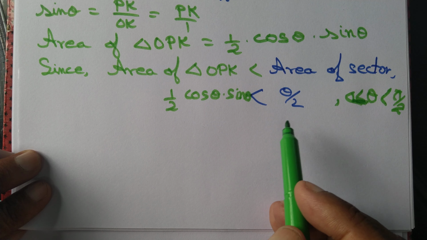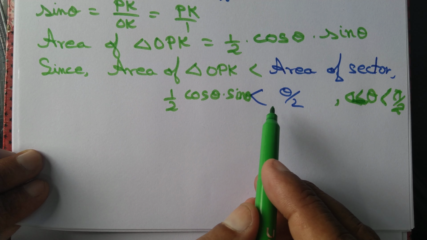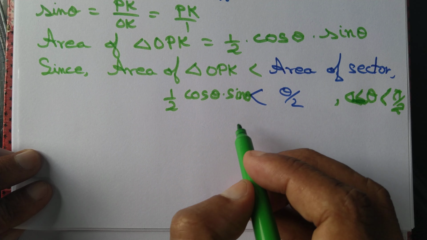So when we assume theta greater than 0, we can divide by theta and say that sin theta by theta is less than 1 by cos theta.